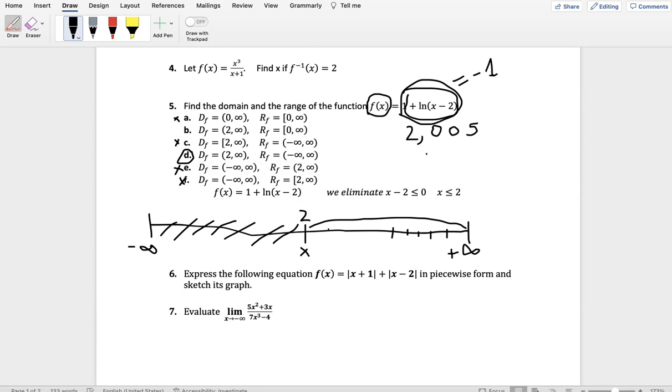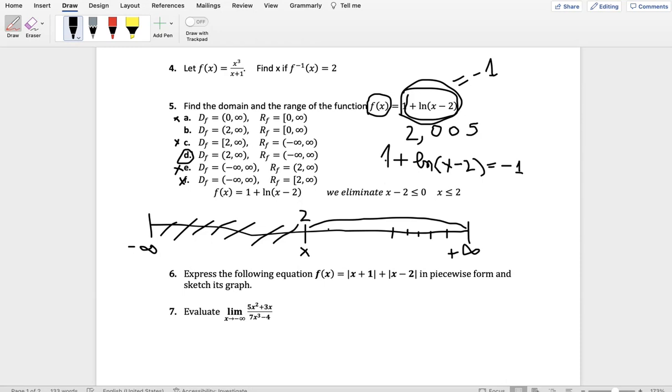But okay, let's do this then. Remember, guys, you were going by elimination now. Let's say we have 1 plus ln of x minus 2 is equal to minus 1, and let's try to solve for x, okay?